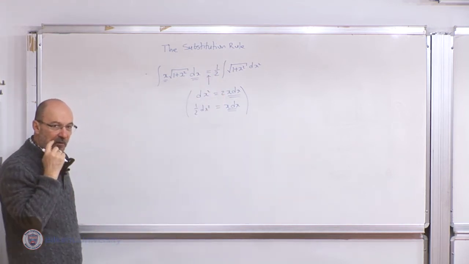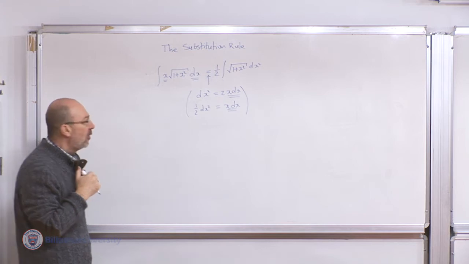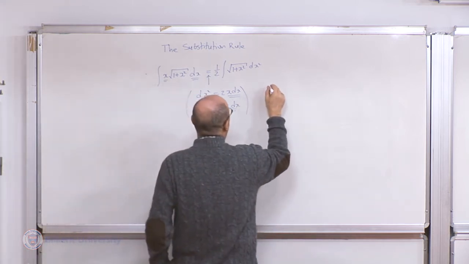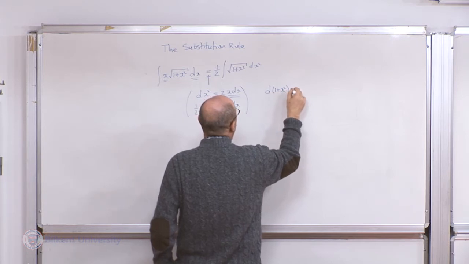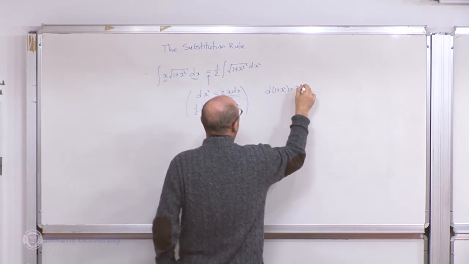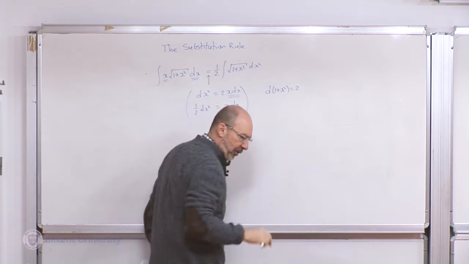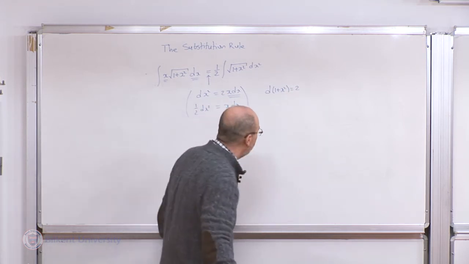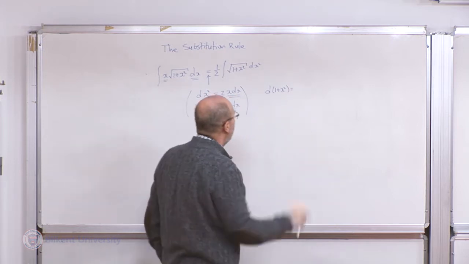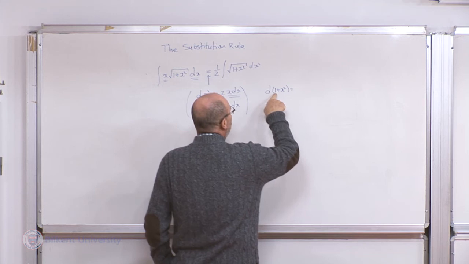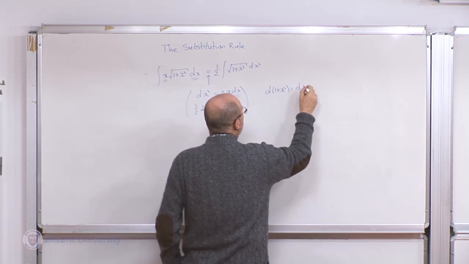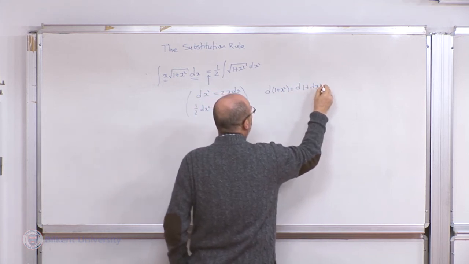Okay, just playing with algebraic equations, we notice here that if I take the differential of the function 1 plus x squared, without actually finishing it, differential is additive. Okay, so this is differential of 1, which is 0, plus differential of x squared.